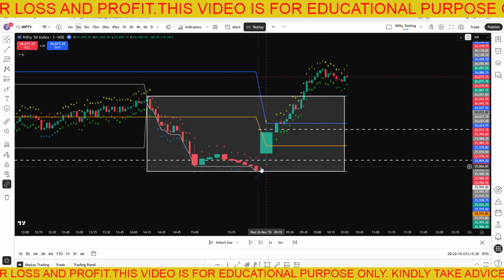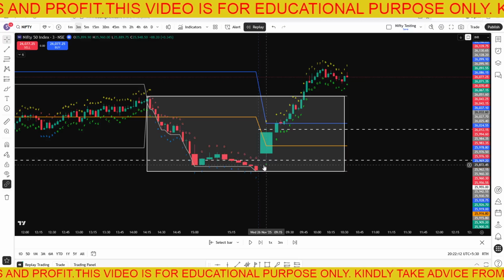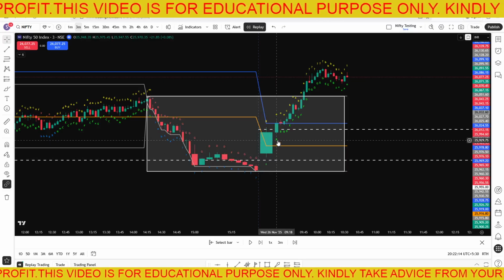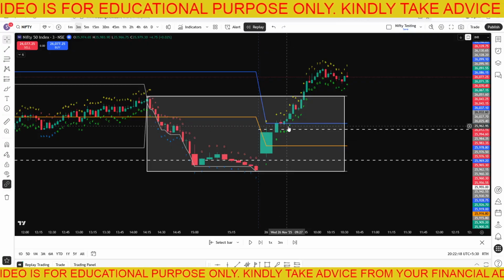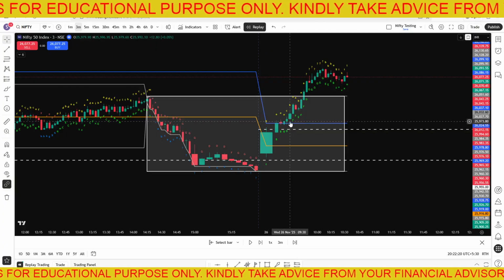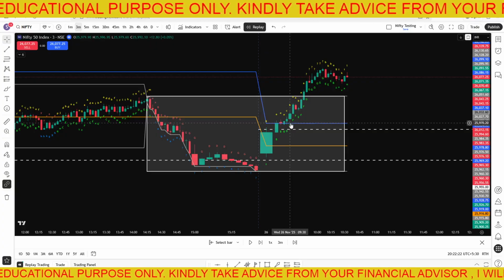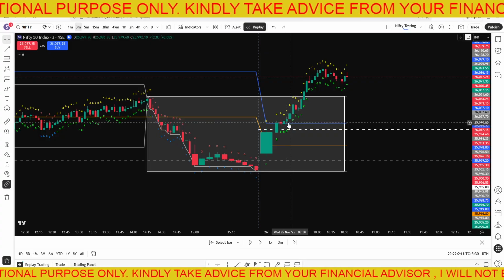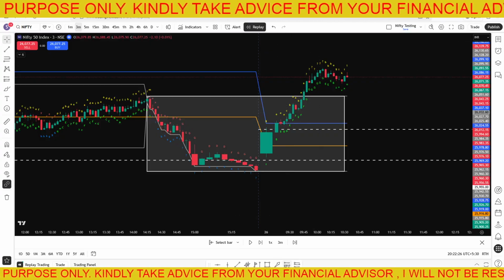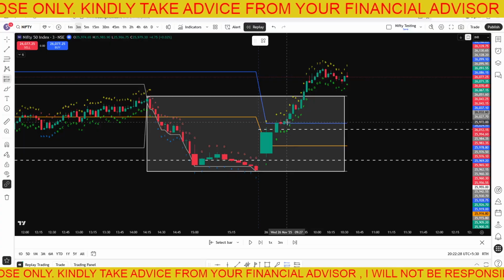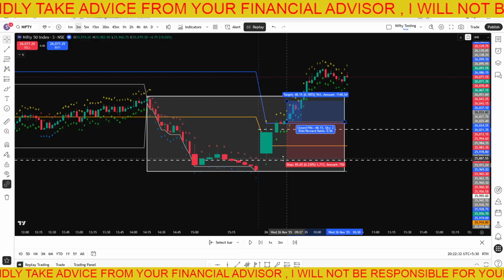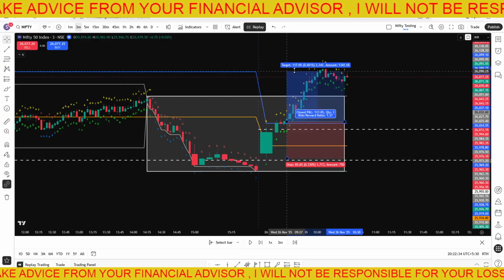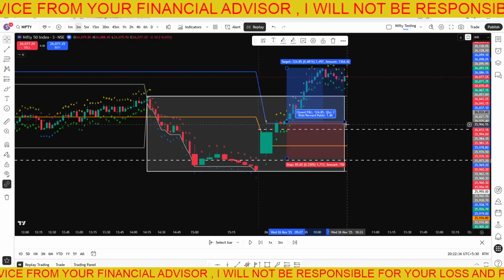But again we can say this was also bullish, and the next trend is also showing bullish. Price now went above this, so in this scenario you can trade from here, right? We got this move. In this case the stop loss is a little big, but yeah, we got the trade.